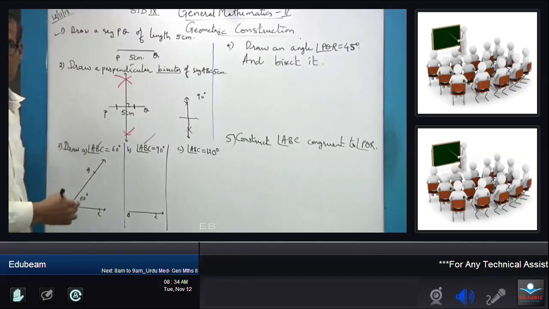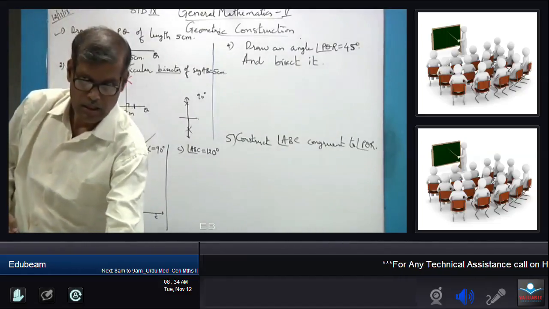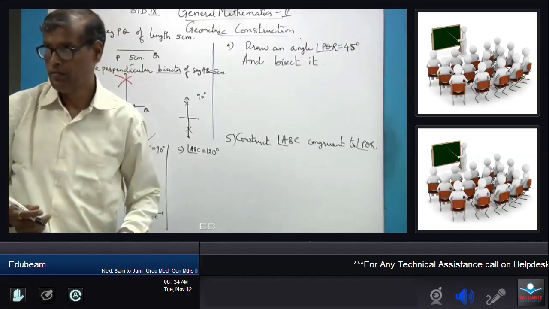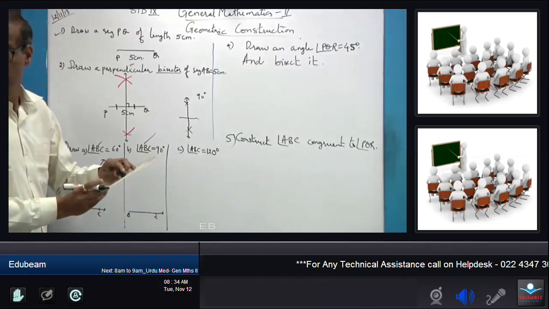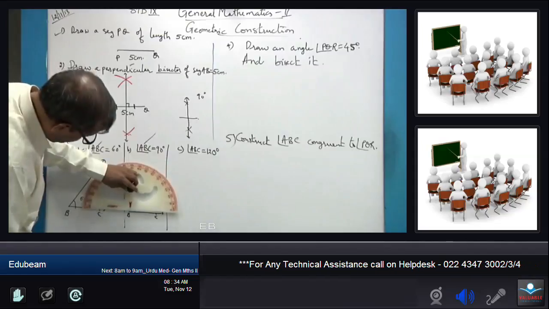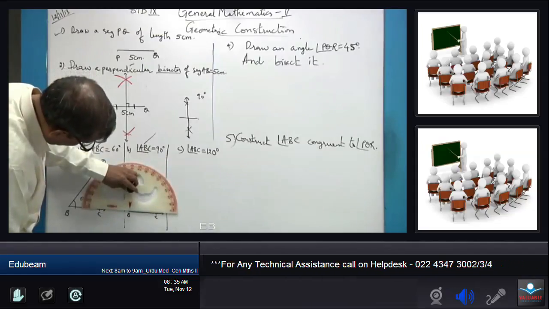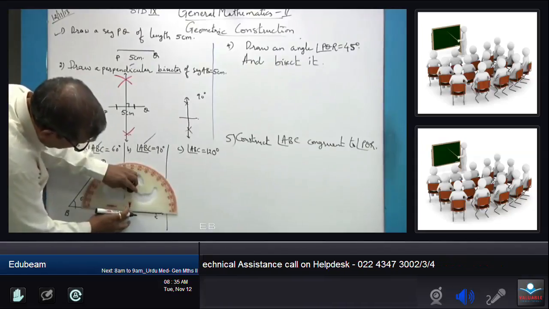But you have to bisect it, which means two sections. Two sections you are going to draw. Two parts of it you are going to draw. So let's see, what is it? 45 degree.